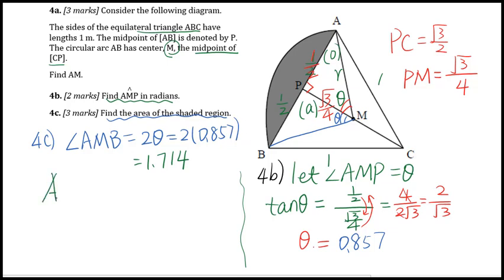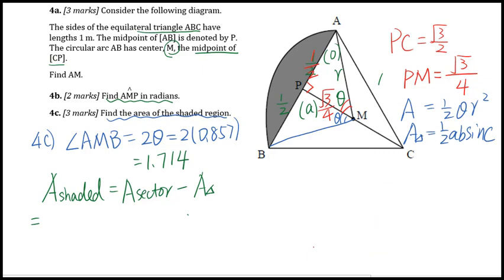So the shaded area A equals sector area minus triangle area. According to the sector area, 1/2 theta R squared, we will plug in 1/2, theta will be 1.714, R squared, AM is R, so we get square root of 7 over 4 squared.